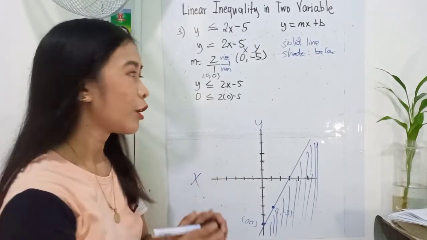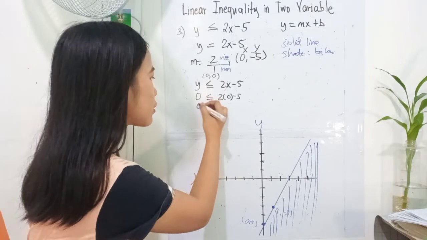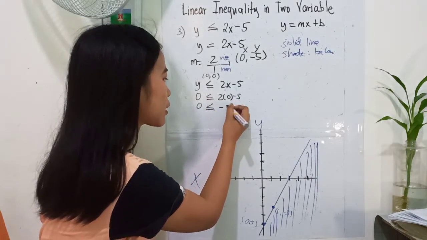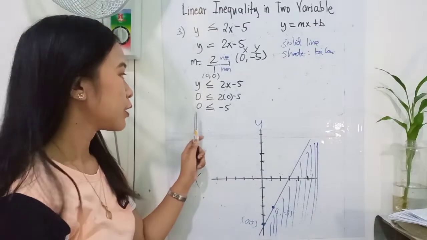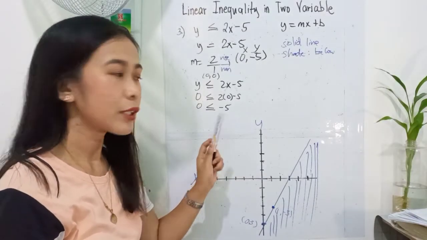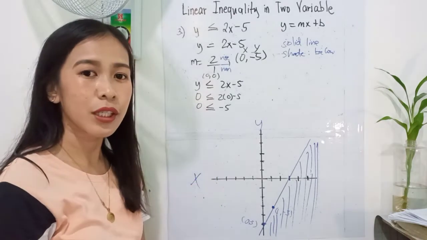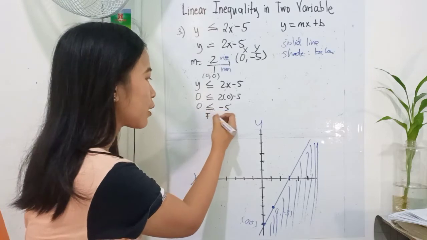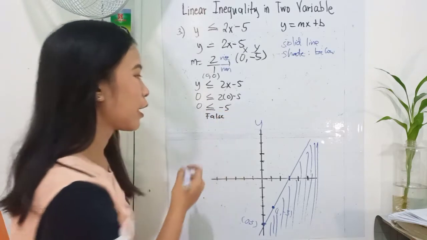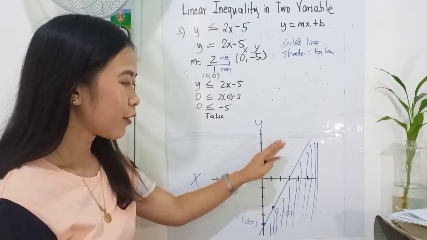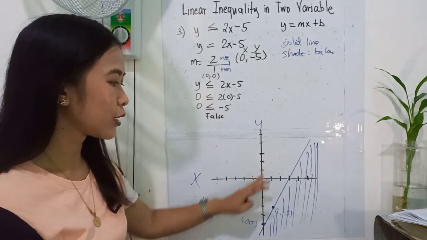And then, of course, solve: 0 minus 5, that is negative 5. So we have 0 is less than or equal to negative 5. Is it true or false? Of course, this is false kasi 0 is greater than negative numbers. So false, di tama, kasi walang shade dito yung ating 0, 0.